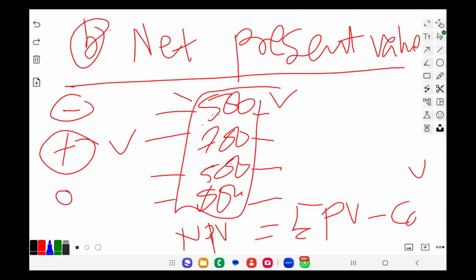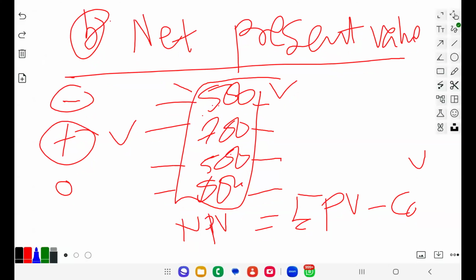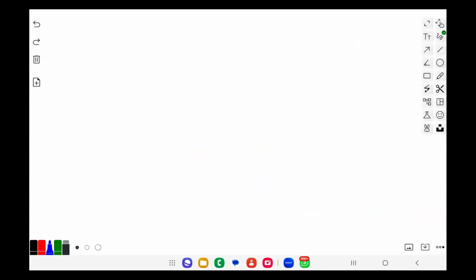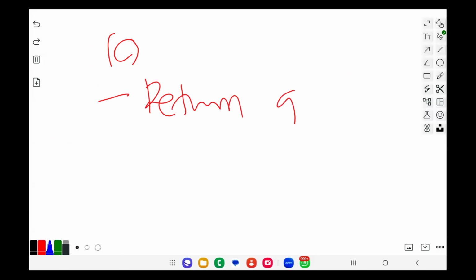And we are going to do an actual question on each of these that I'm presenting. And finally, you also have the IRR, the internal rate of return. This one seeks to question at what interest rate, what return, do we get from the project?